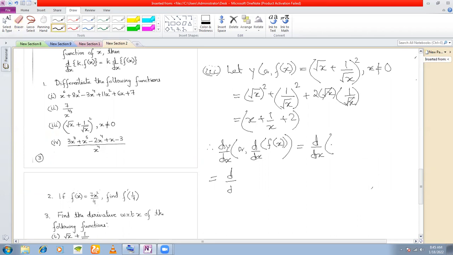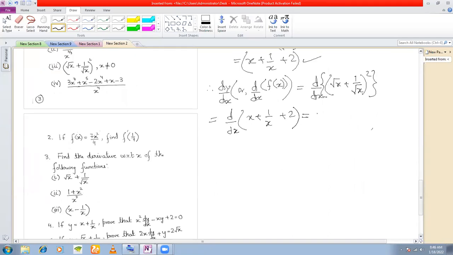The given function root x plus 1 by root x square, d/dx of this is the same as differentiating this. We write this as d/dx of x plus 1 by x plus 2. Now we can distribute the differentiation over each of the functions. So we have d/dx of x plus d/dx 1 by x plus d/dx 2.